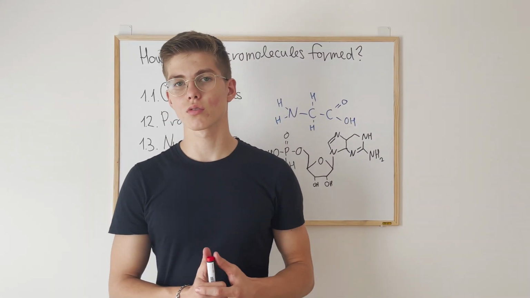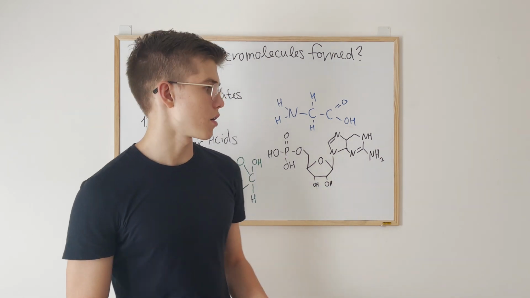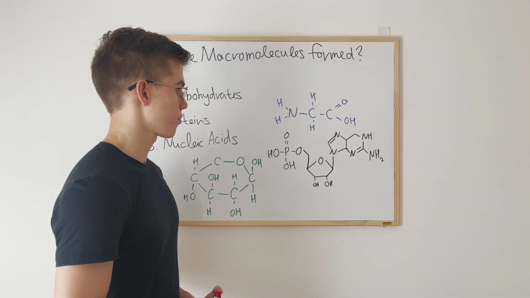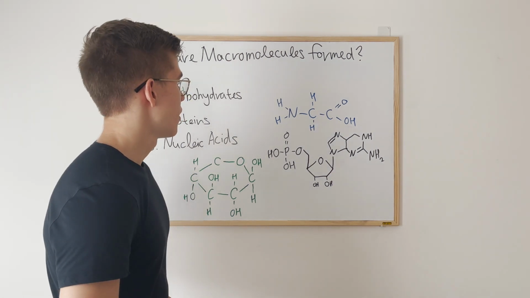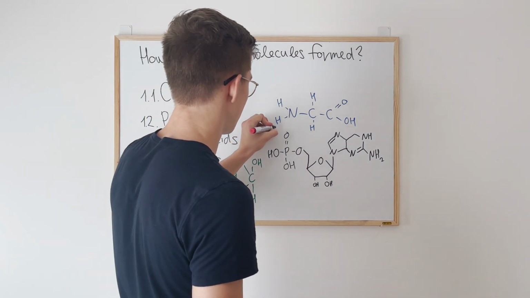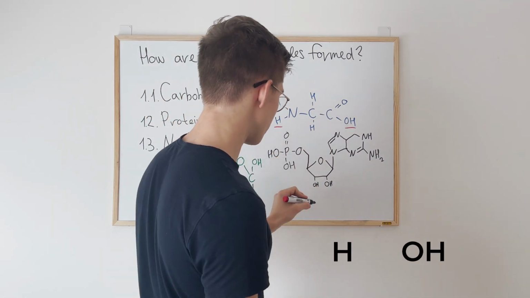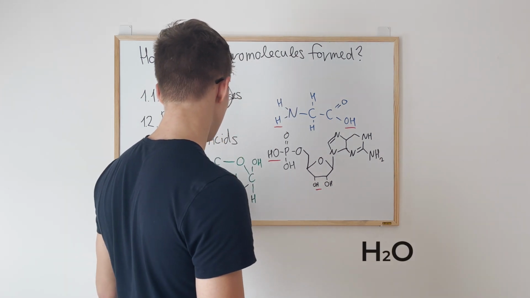Different macromolecules are made up of different structural subunits. And although these monomers look different, they actually have one thing in common. They all have a molecule of water that they can give.